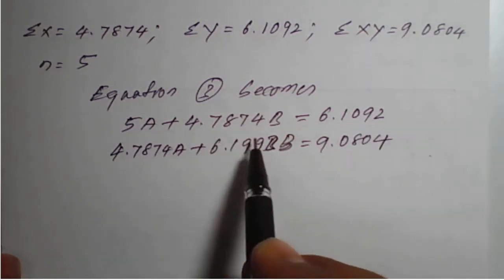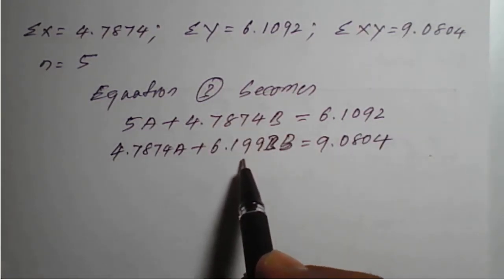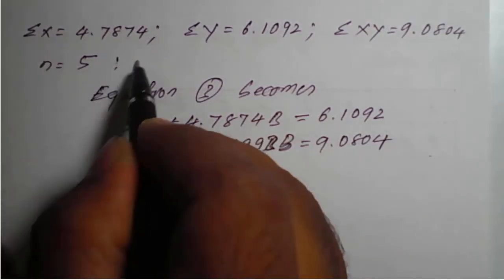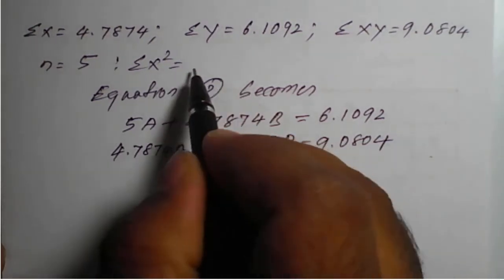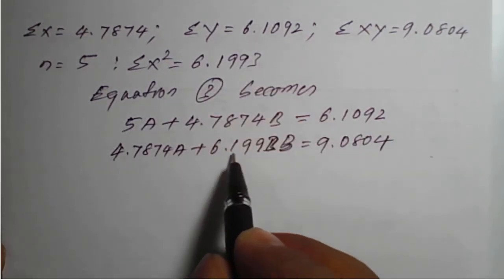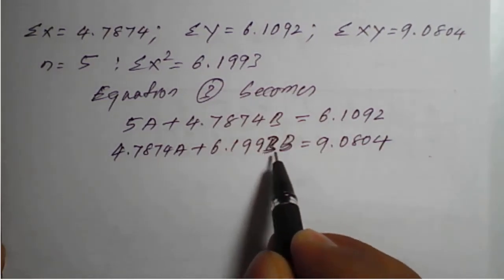I have applied and rearranged directly here. I missed the summation of x square value, which is 6.1993, and it is into B.